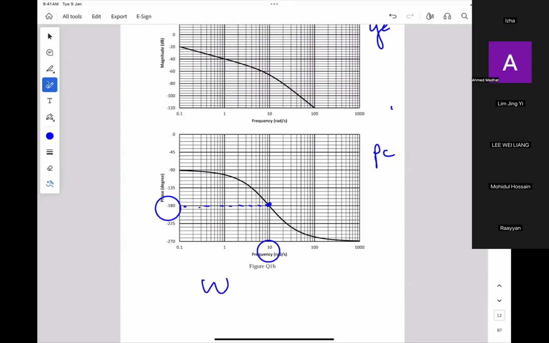So omega phase crossover frequency is 10 radian per second, where the phase crosses the minus 180 degree baseline. And then we use this frequency at the gain curve. So what is the gain reading over there?